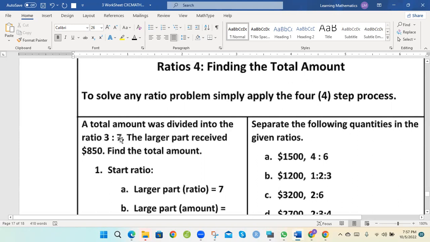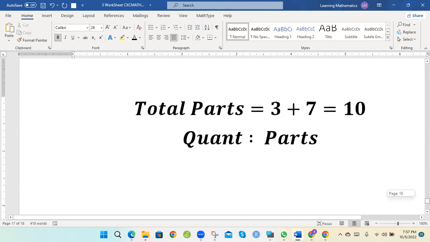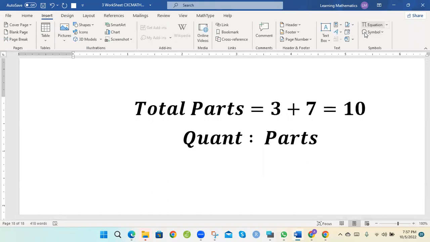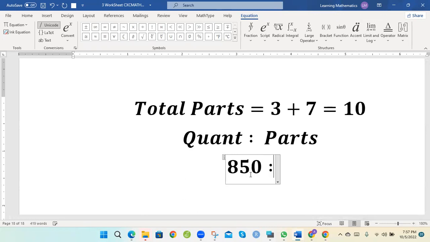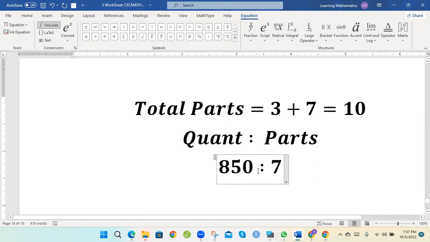The larger part, 7, received 850. 850 is a quantity, so 850 to the larger part. Simple as that. So here is our ratio with 2 numbers.